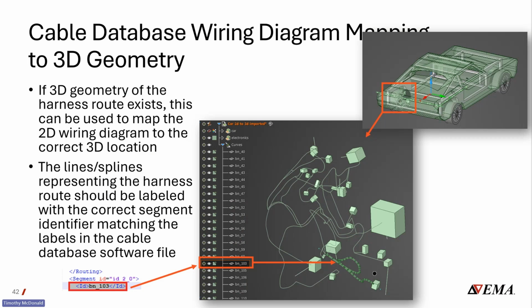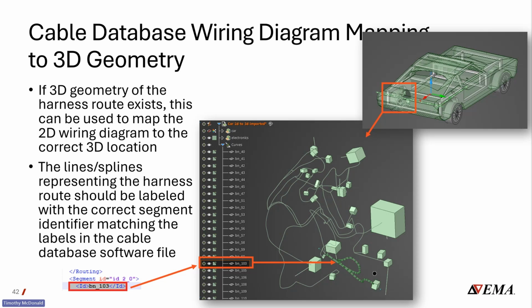Another place that we can deal with coupling is the cables themselves. We have the ability to consume cable database software exports of files. Often that's a .kbl format that many products export. In other cases, they export XML files.